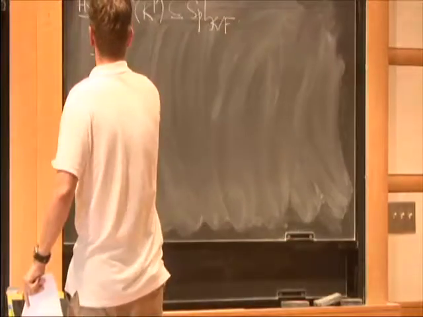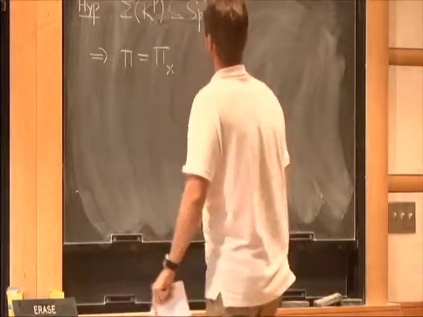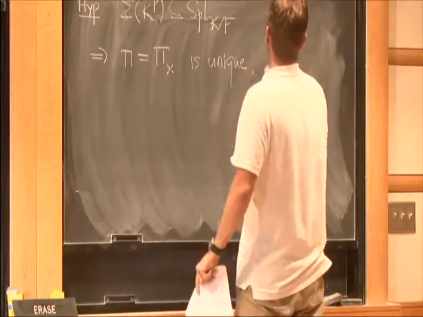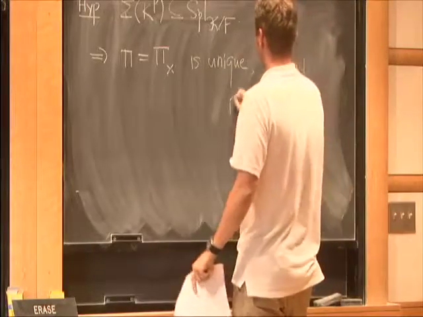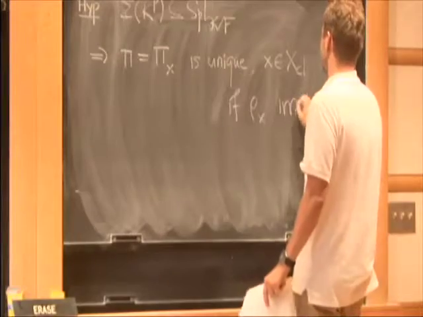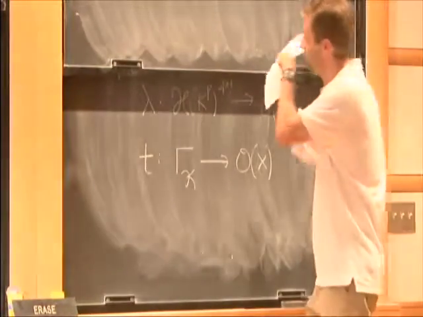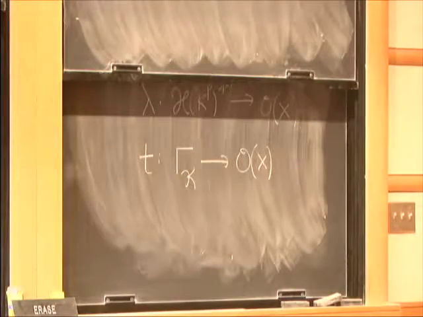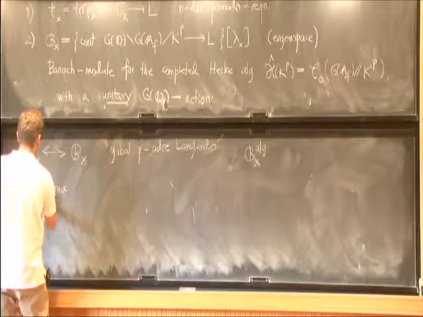What's important is that this implies that pi is unique for a classical point, if you assume that rho x is globally irreducible. Okay. And what are the algebraic vectors? This is really the key input.